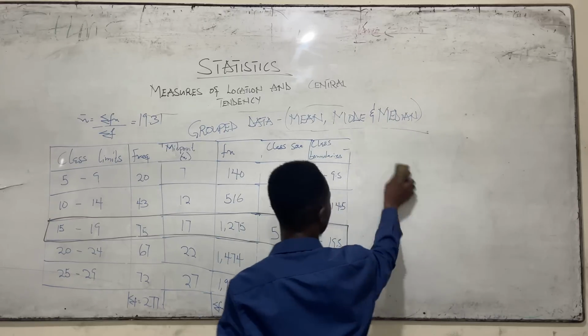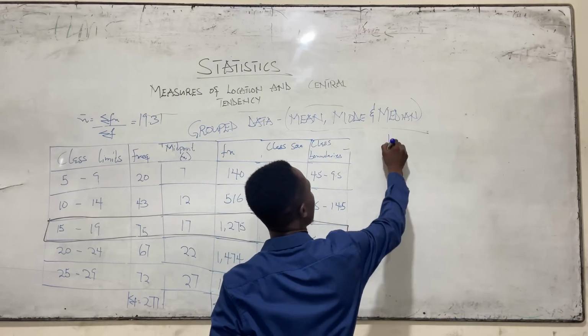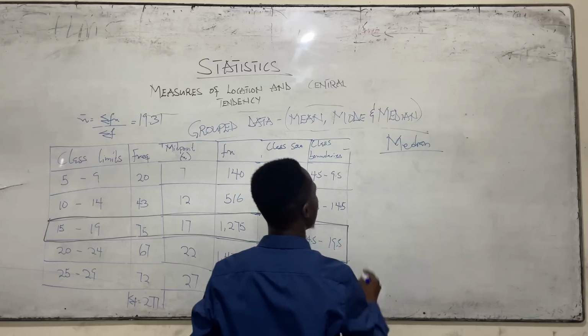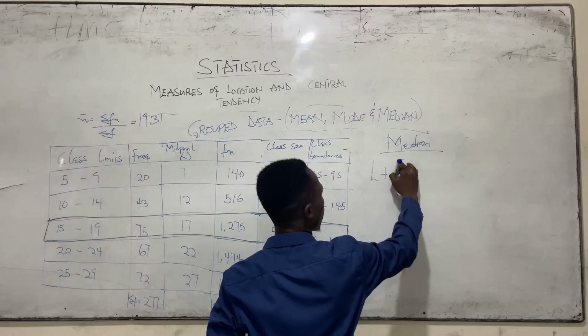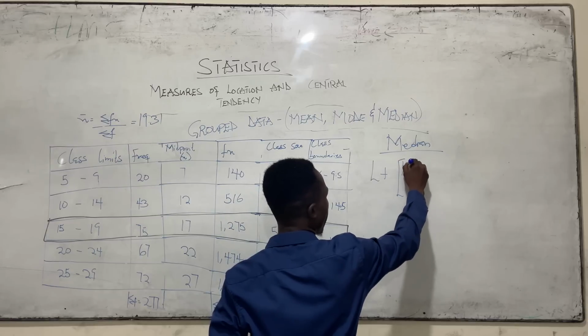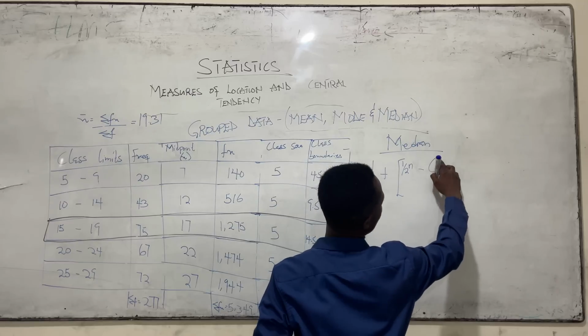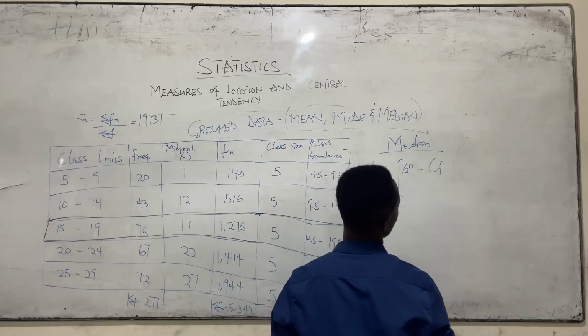We are done with the mode. And so for the median, the formula is L plus, 1 over 2 n minus CF, that is cumulative frequency, right?